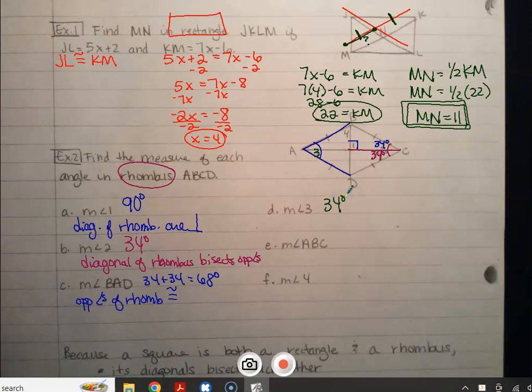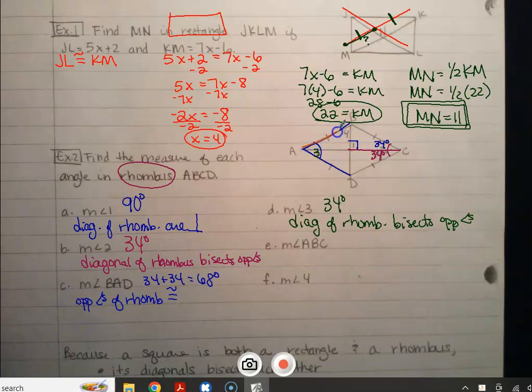We know that angle BAD is 68 and the diagonal is bisecting. Okay, so a diagonal of a rhombus bisects opposite angles again.